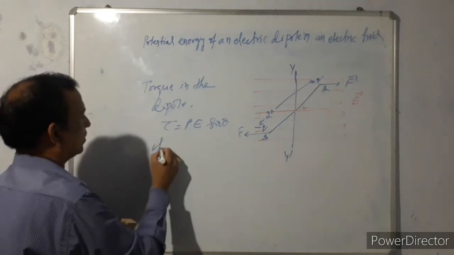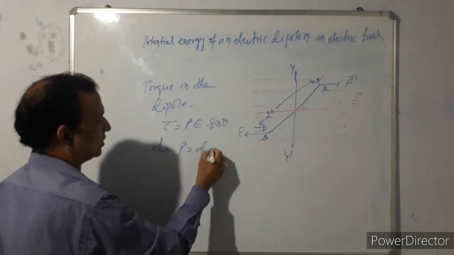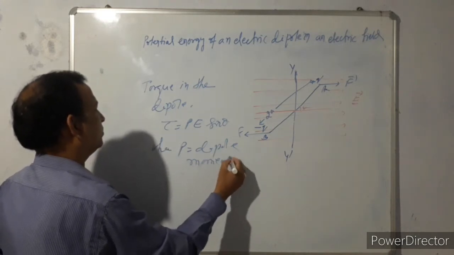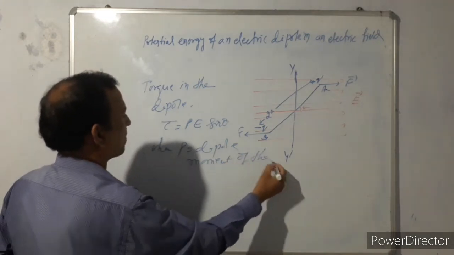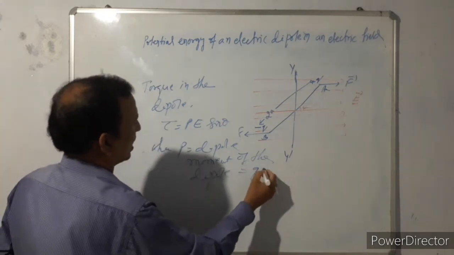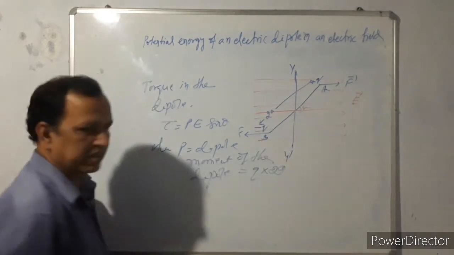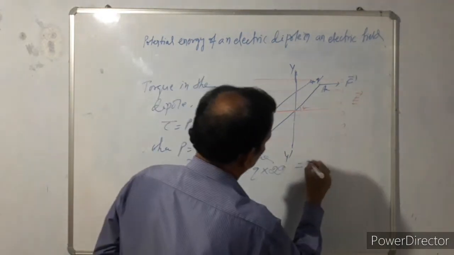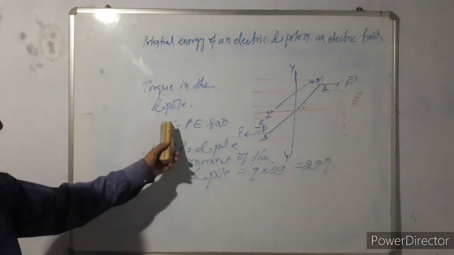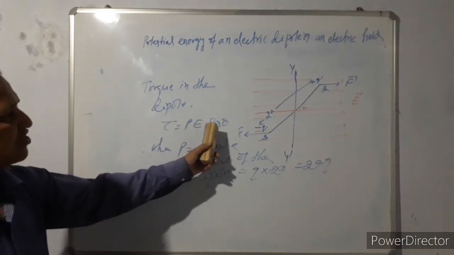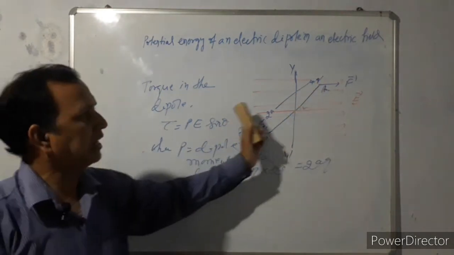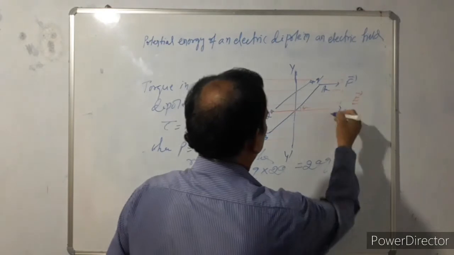Where P is the dipole moment of the dipole, that is equal to charge into 2a distance, that is equal to 2aq, this dipole moment. So the torque is equal to P E sin theta. This theta is the angle of inclination, the angle between the dipole and the electric field.